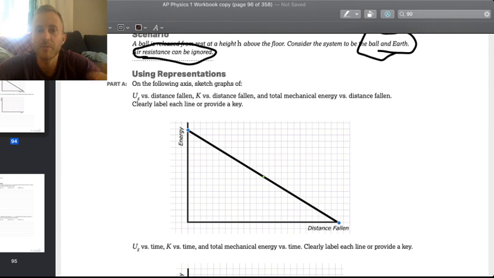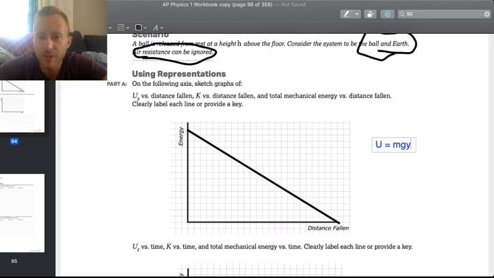Why do I say that? Because the formula for gravitational potential energy is mgy, which is a linear function of position.